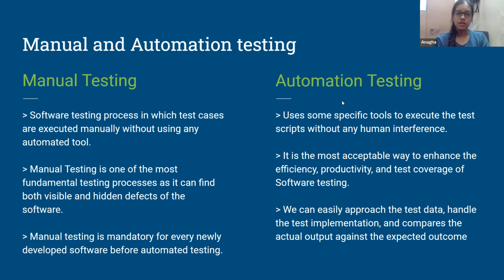Now coming to automation testing, it uses specific tools to execute scripts without any human interface. These tools can be any framework, for example the PyTest framework, or Postman for API. We can use all these tools for automation testing. It is the most acceptable way to enhance the efficiency, productivity, and test coverage of software testing. That's what I was telling, the fixed scenarios and dynamic scenarios.